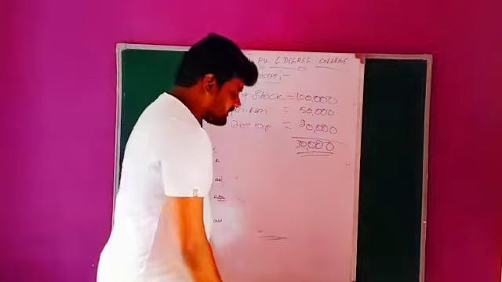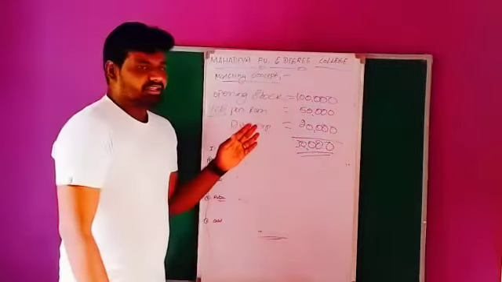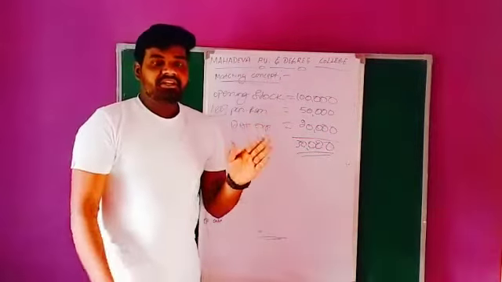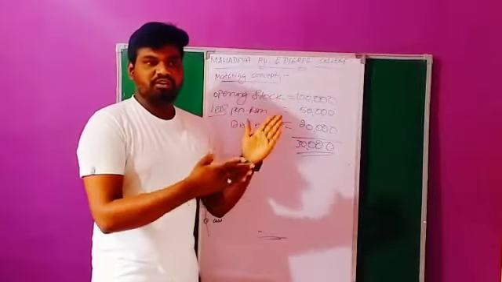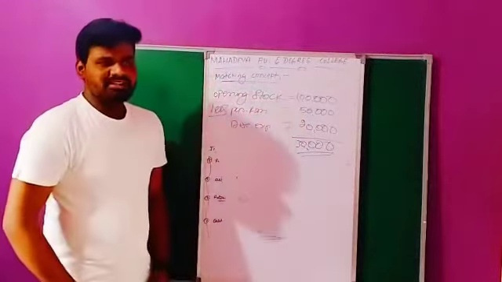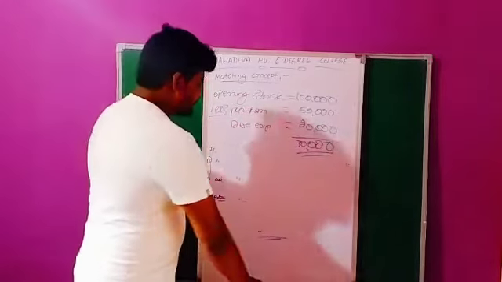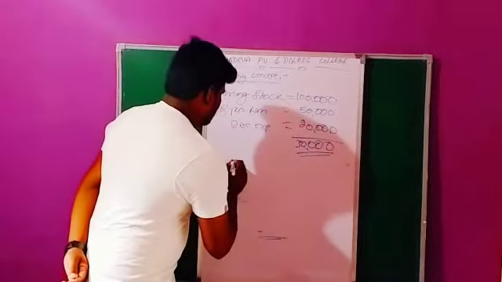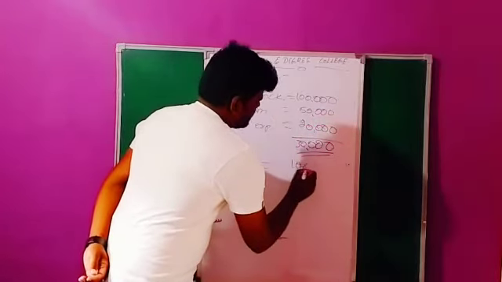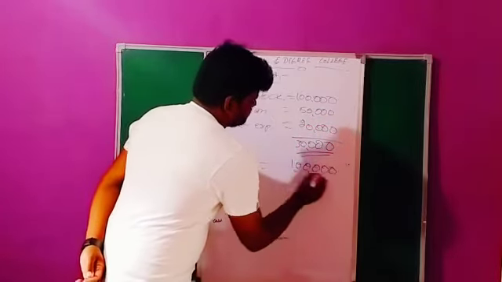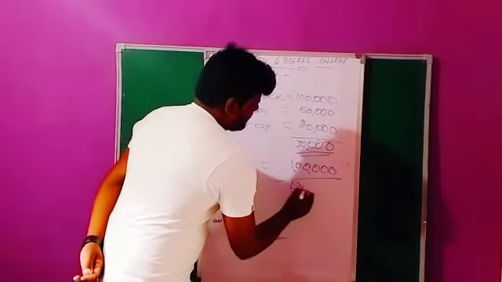After purchasing raw materials, we can easily convert them into semi-finished goods. Then the semi-finished goods we can sell as finished goods, right? By selling those goods, we can earn might be 1 lakh rupees. So what is the total balance? 1,30,000.